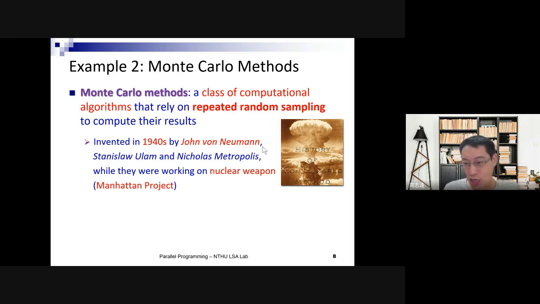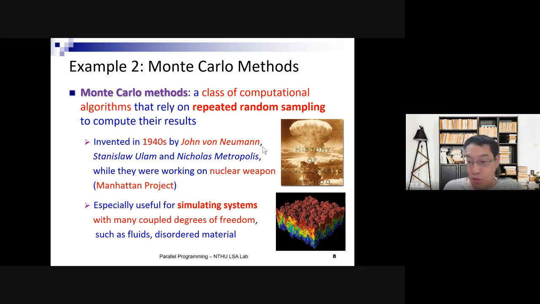Unfortunately, it was in an effort to design the nuclear weapon. There are some very complicated equations that need to be solved when developing a nuclear weapon, and so John von Neumann came up with this method so it could solve those equations and reach its goal.